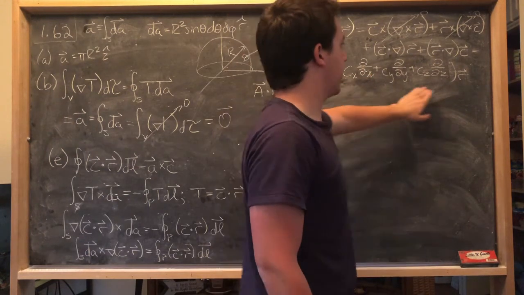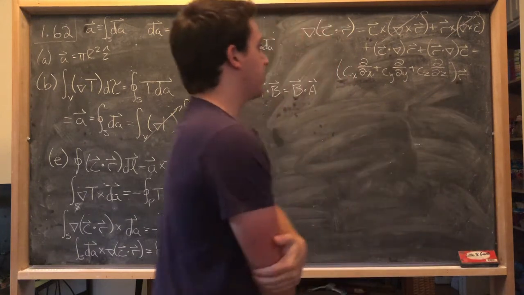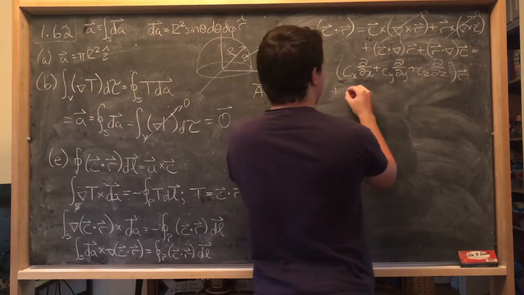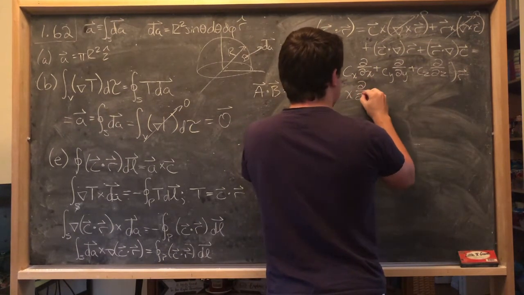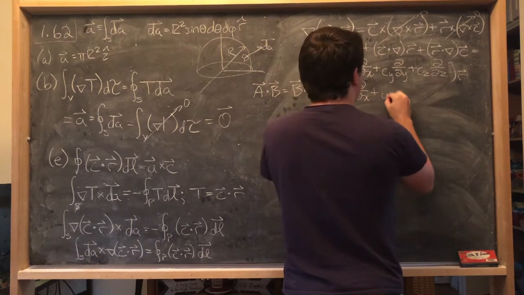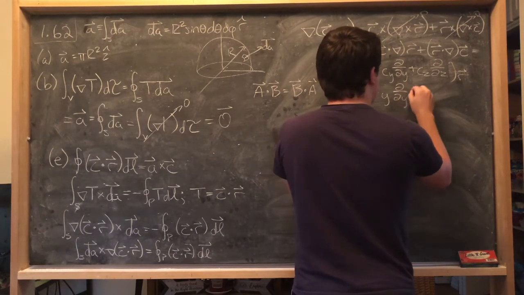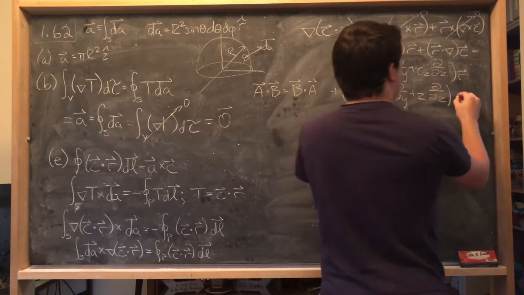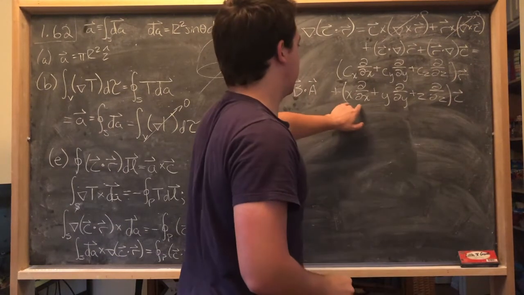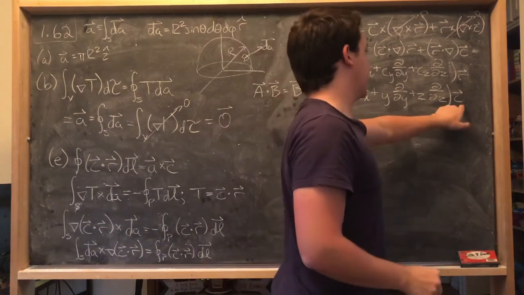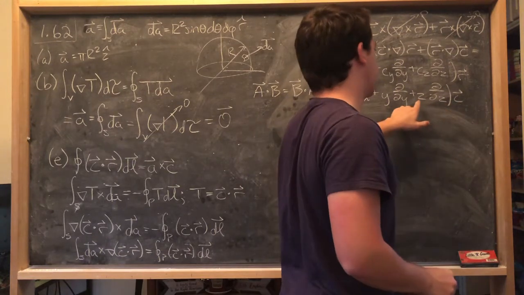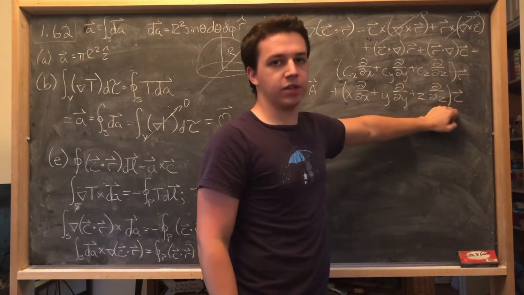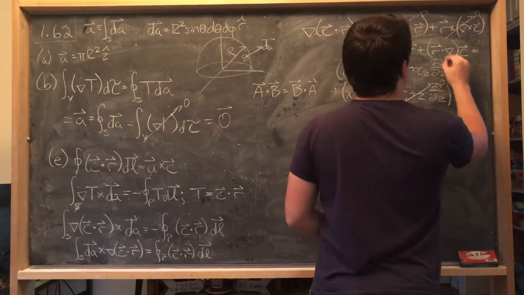What's going to be differentiated is in fact going to be the vector r. And so if we look at this second term over here, it's the same thing. So it'd be, for example, x d/dx plus y d/dy plus z d/dz, and then times the constant vector. But then when we distribute this, it would be x d/dx times the constant vector, y d/dy times the constant vector, z d/dz times the constant vector. And in those cases, then we'll be differentiating this constant vector, and then it would go to 0.